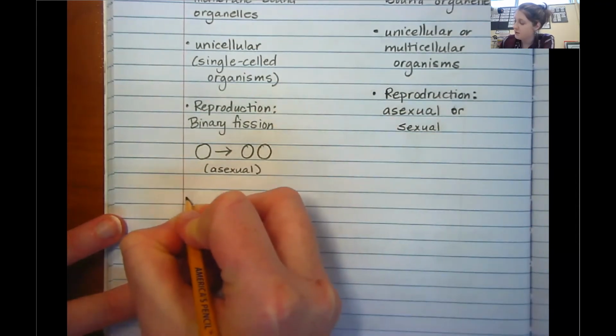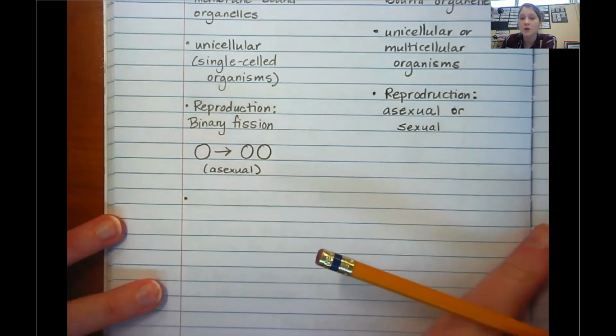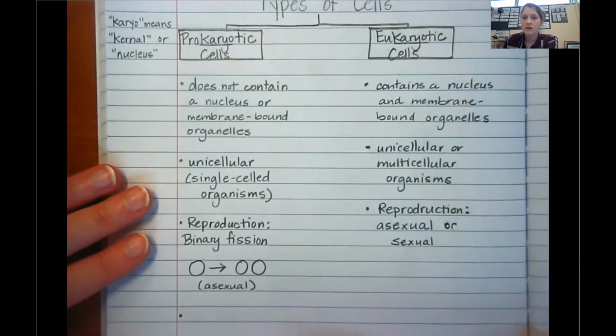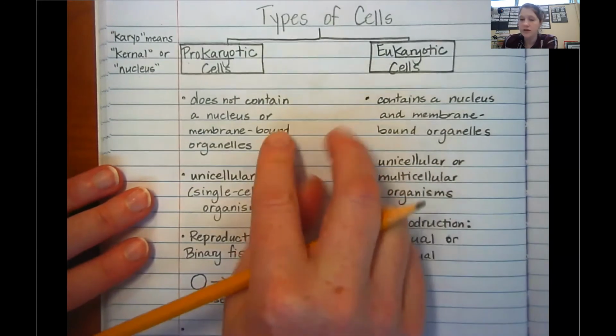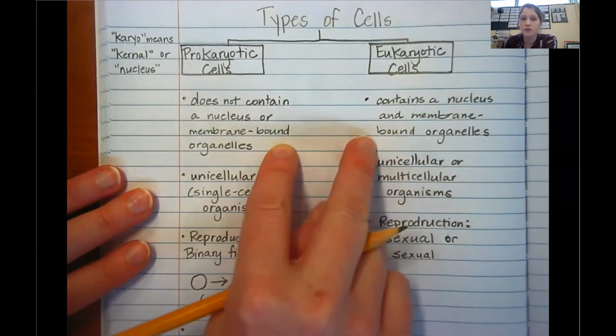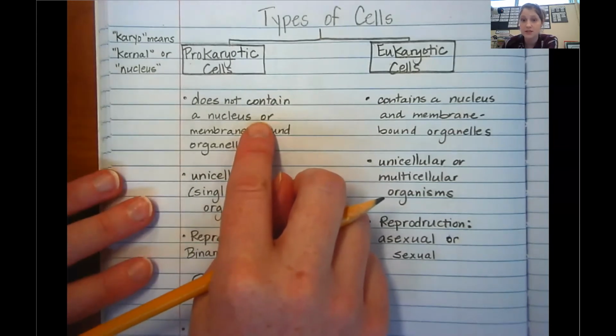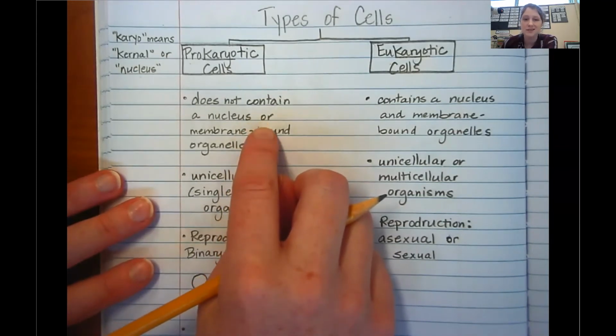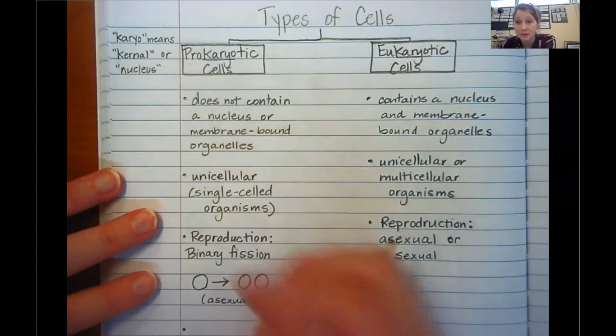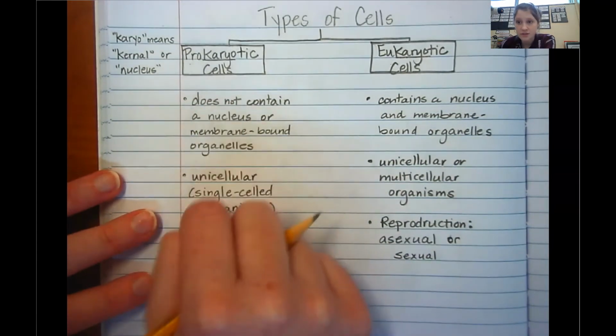The next component we're going to talk about is size. You can just look at these and tell this one's less complex. It doesn't have all of these membrane-bound organelles, and it's unicellular. They reproduce just by splitting. Prokaryotes are less complex and much smaller.